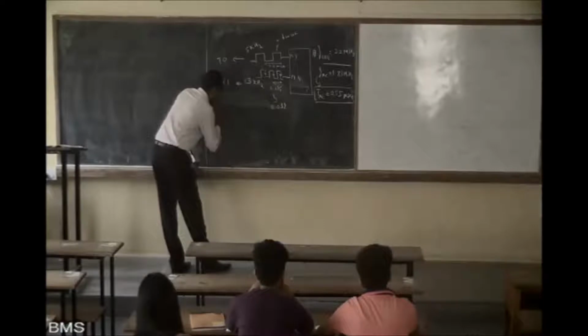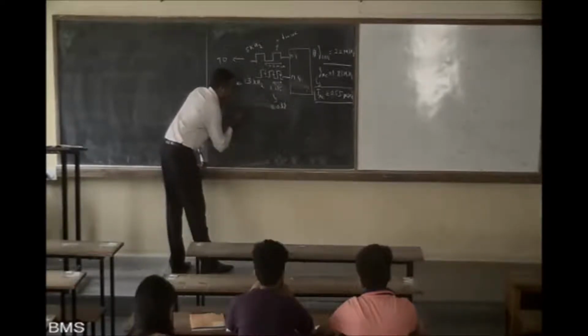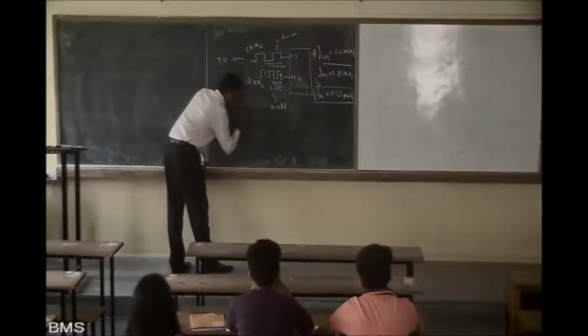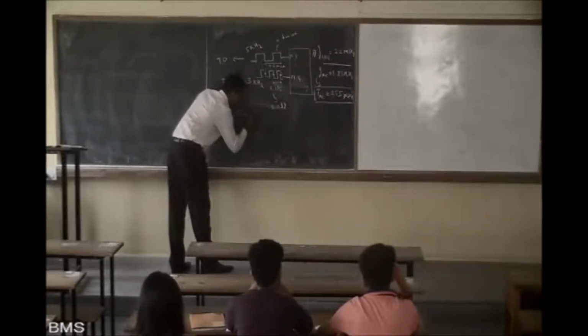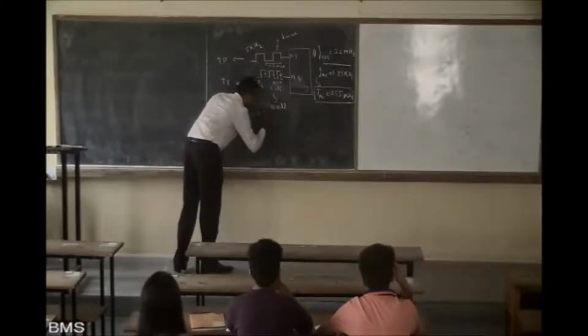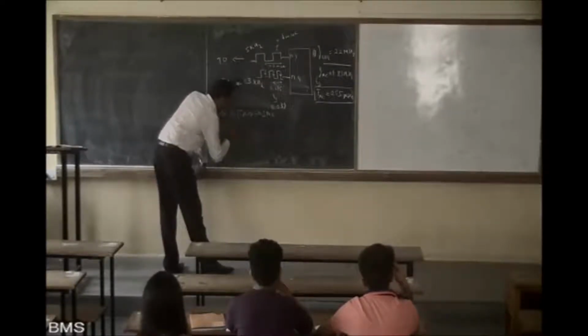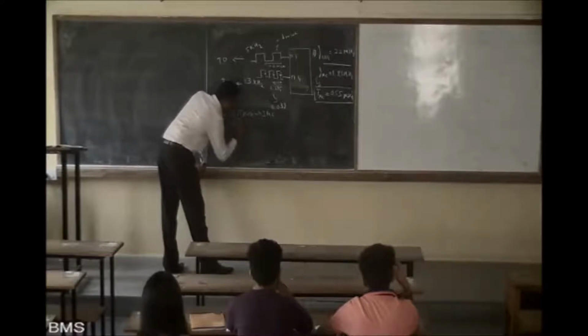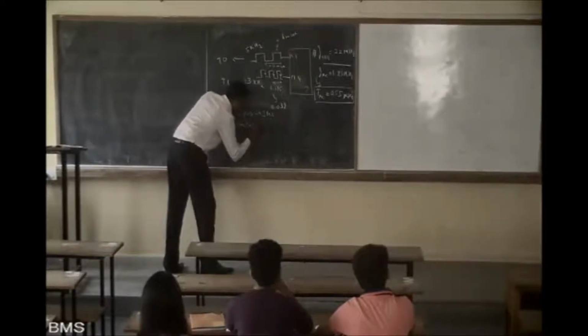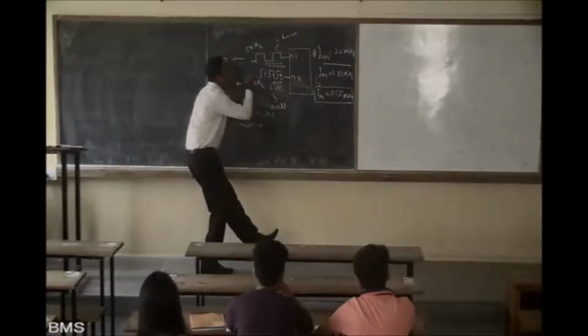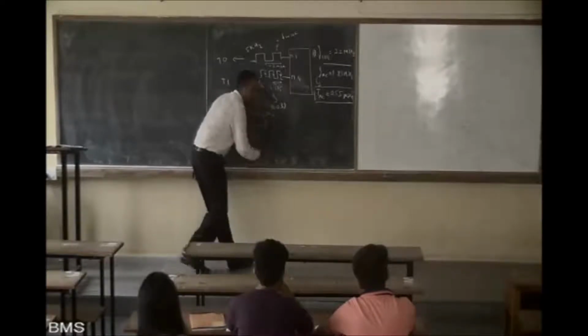What will be? How do I do this? 0.55 microsecond for one machine cycle. 0.1 millisecond is for how many machine cycles?